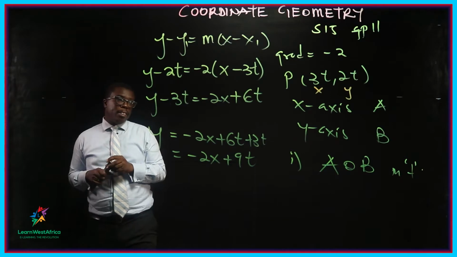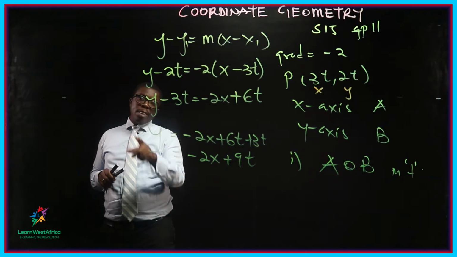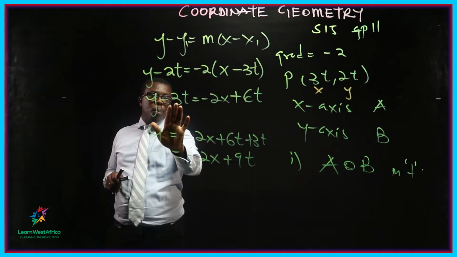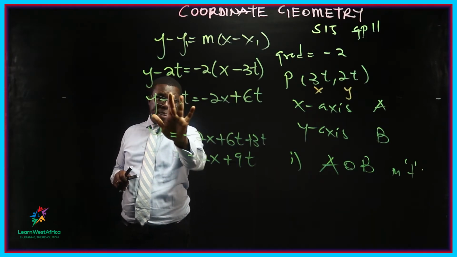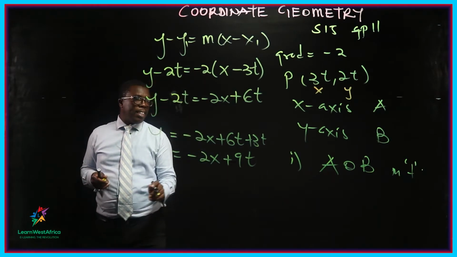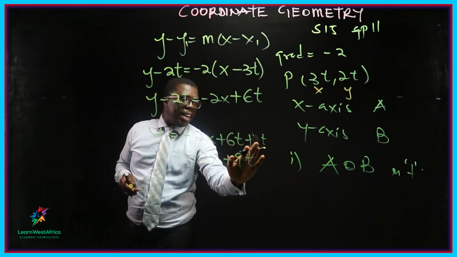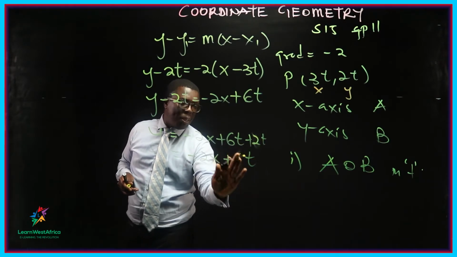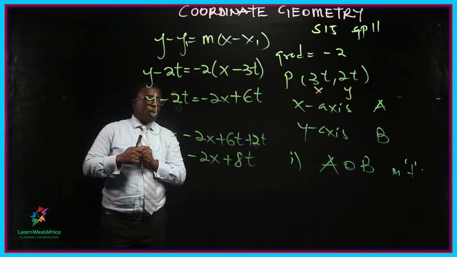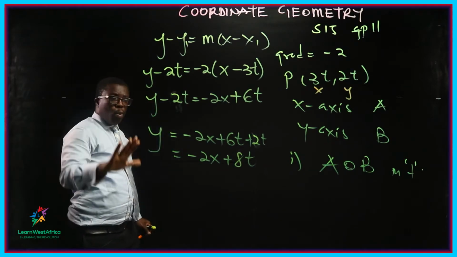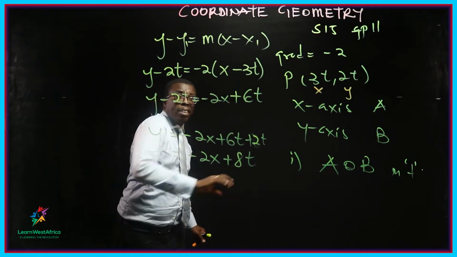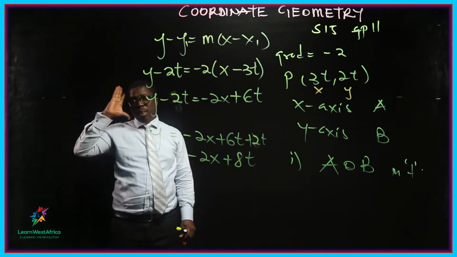Let's just make a correction. Sorry, I think this is minus 2t, so this portion here should still be minus 2t. Let's keep the 2t there and rectify that. Here it gives you 2t, so it should be 8t. Please correct that in your notes. Hence, the equation of the line is y equals minus 2x plus 8t. That's the equation of the line.